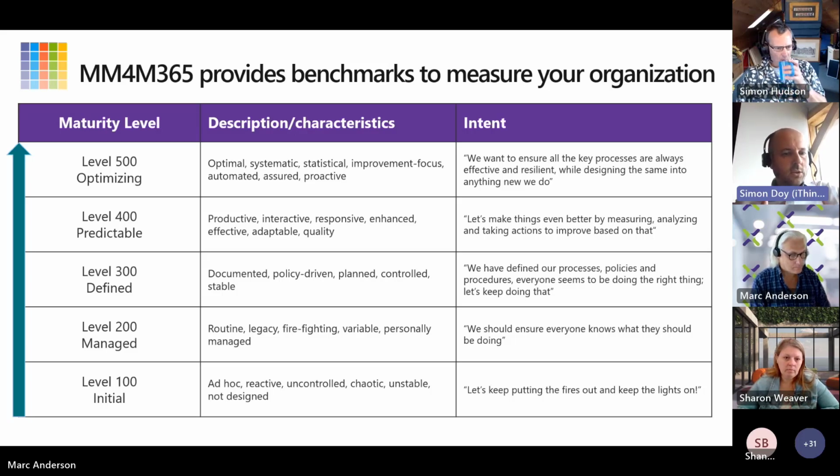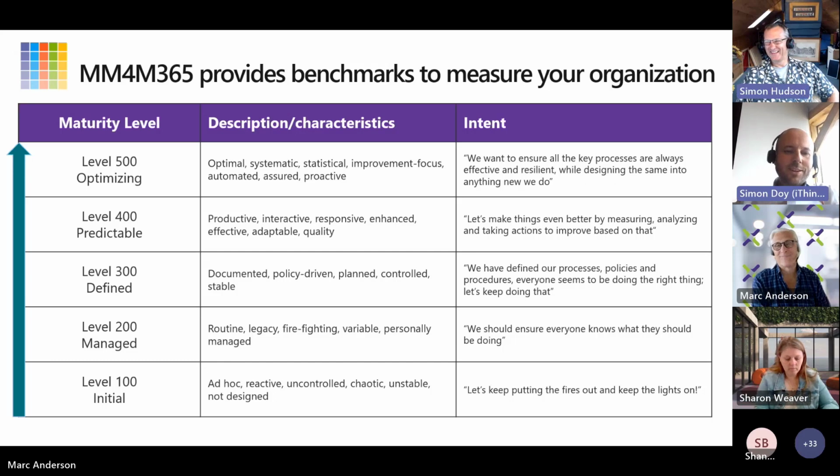Depending on the competency, particularly with Microsoft 365, there'll be certain things which Microsoft is already doing for us to help us get to a level past 100. But the idea of level 100 is the initial state. It's ad hoc, it's reactive, it's uncontrolled, it's chaotic. It's a little bit like this presentation this time.